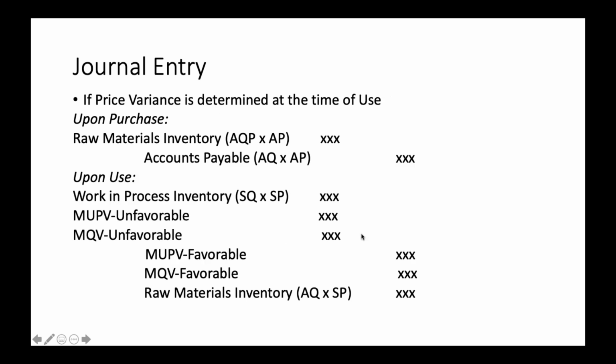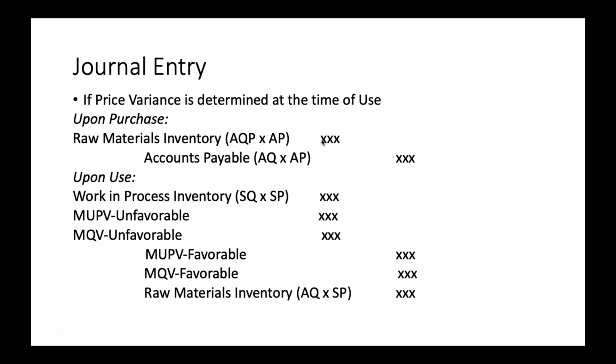Now, what if the difference in price was discovered only at the time of use? Upon purchase, we record both the raw materials inventory and the accounts payable at the actual price and actual quantity purchased.